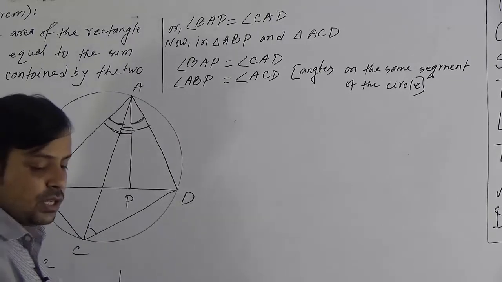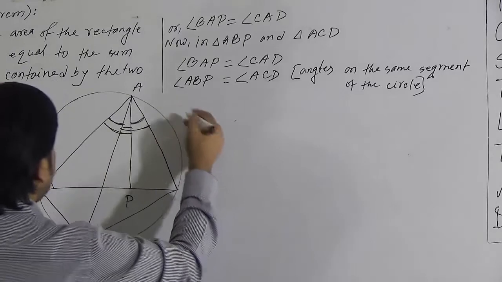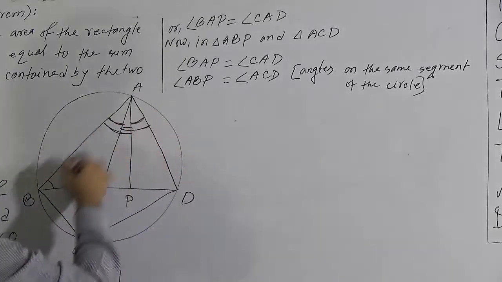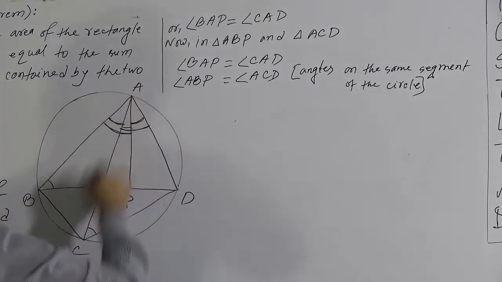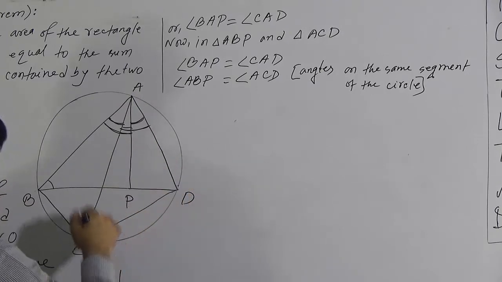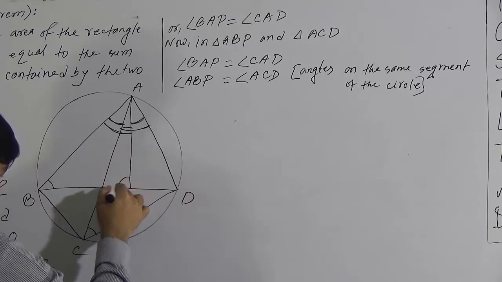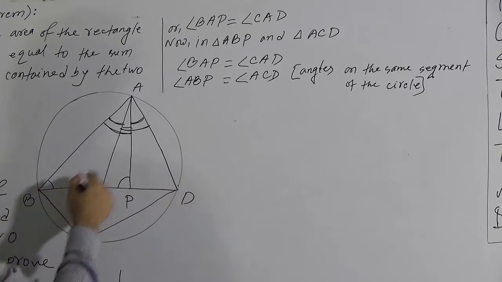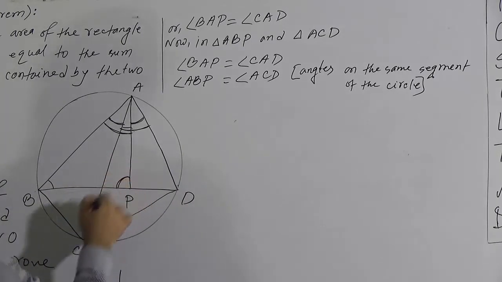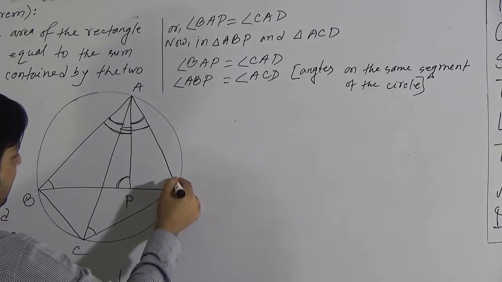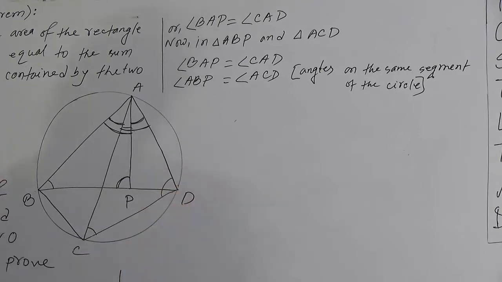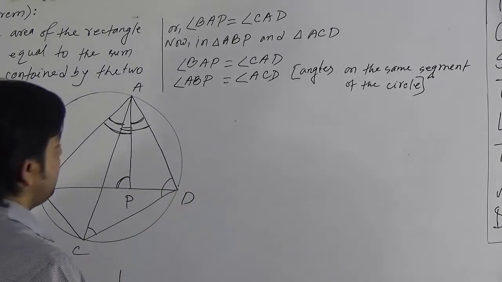Okay, dear students. So if you consider the triangle ABP and triangle ACD here, the remaining angle is APB in the first triangle and the remaining angle is ADC in the second triangle.